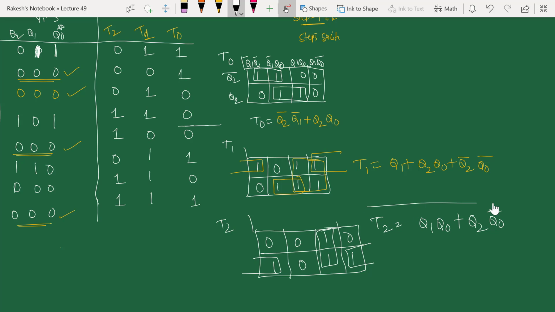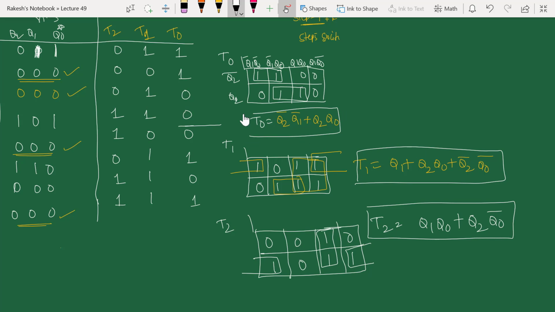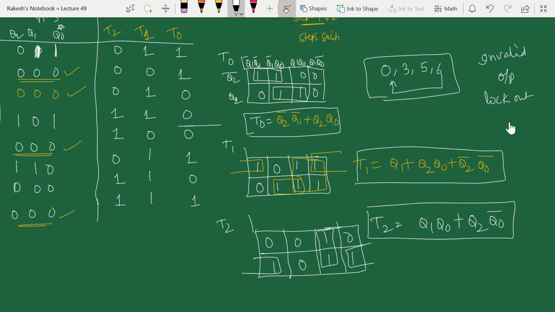So these are the inputs which we are supposed to give to the T flip-flop, so that your counter will be in the desired sequence of 0 3 5 6 and again goes to 0. It will not go to any invalid state or invalid output state, or encounter any lockout problem. We'll see whether this will work or not for our case. We'll design the circuit using the DEET software and try to verify it.